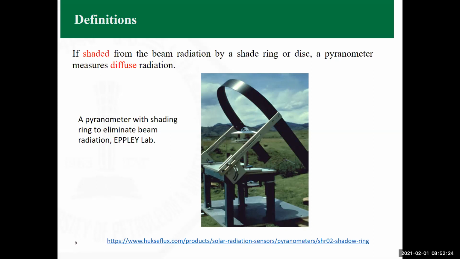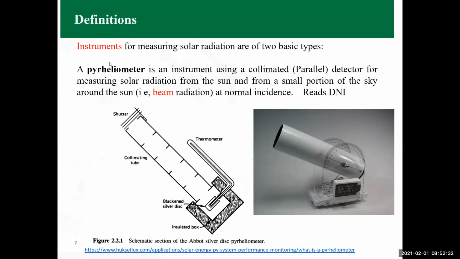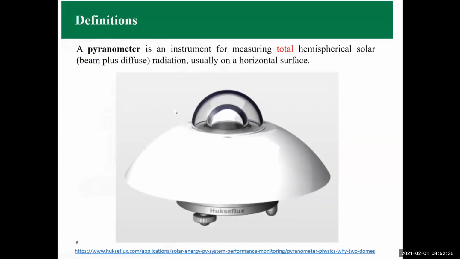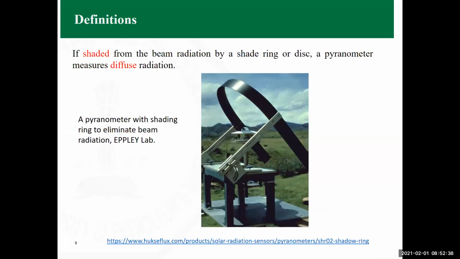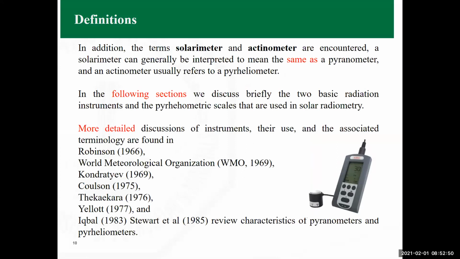So in a trial to measure each part separately, for beam radiation we have the pyrheliometer, for the total radiation the pyranometer, and the shaded pyranometer is the one that gives readings related to the diffuse radiation. Again, what we are interested in as engineers is the total amount of radiation. The issue of segregating them is just for documentation, data, maybe used by the people in physics if they are interested in this kind of values.